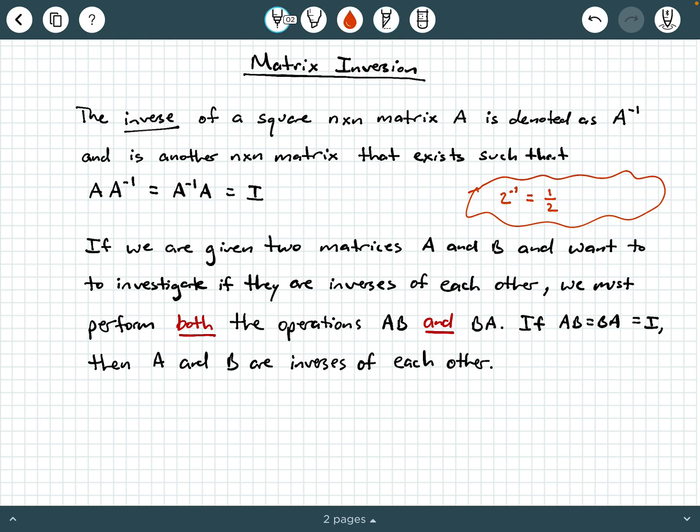Now, if you multiply them together, 2 times 1/2, you get the identity real number, which is just the number 1. So for single real numbers, we can think of raising to the -1 power as both a reciprocal operation and an inverse operation. It turns out that their inverse is the same thing as their reciprocal. But in general, a reciprocal and an inverse are not the same thing.